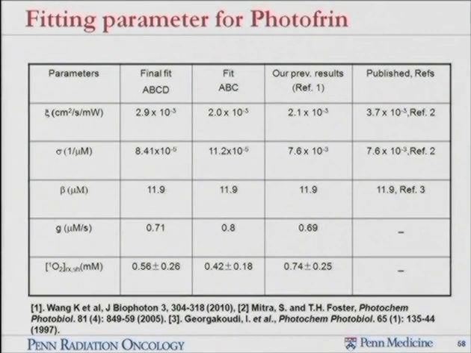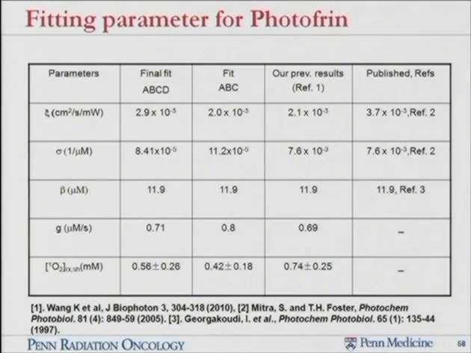And of course, Mike Patterson and Brian Wilson have done a lot of study too in different tumor models. For example, beta factor is quite well known, and we kept it constant. Here, these data were obtained by doing a complete inverse, solving the inverse problem and letting all the parameters float. So this is our latest for photofrin, at least, using a RIF tumor model for RIF tumor treatment.